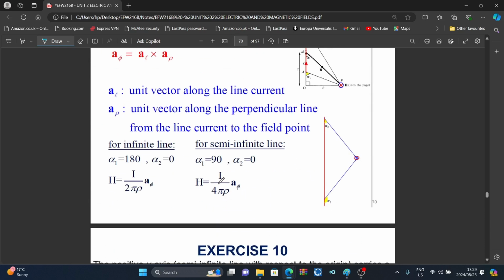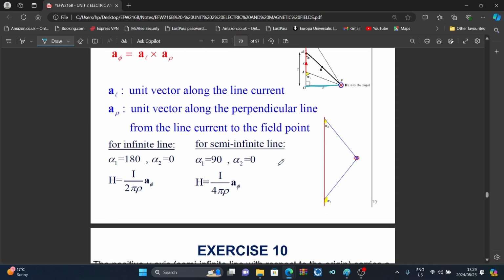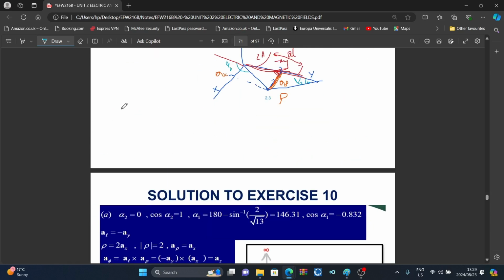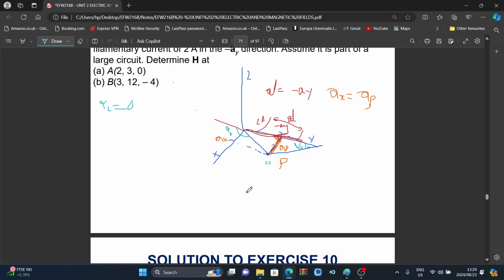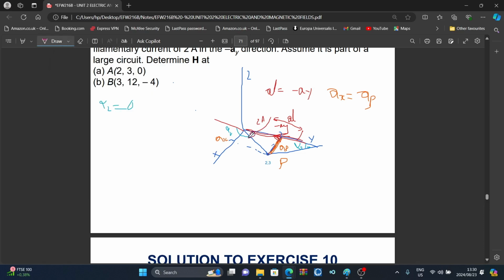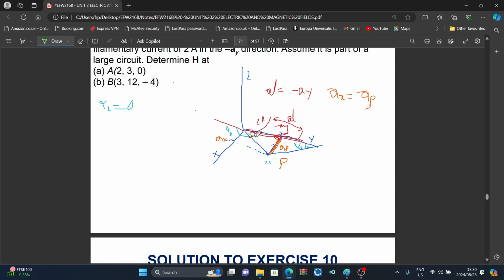Alpha 1 will not be 90 in this case, because you see there is an angle here. It could be 90 for the case where it's just straight, but in this case alpha won't be 90. So we need to calculate alpha 1. Let me try another color, green.